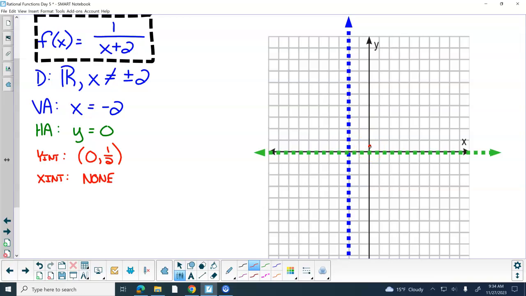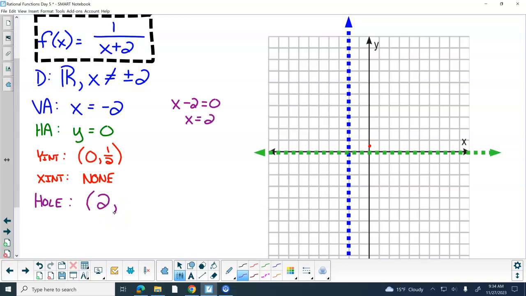Okay. Step 5 now said we've got a hole. So we crossed out x minus 2, so I have to set that equal to 0. That would give me x equals 2. So my hole is going to be at 2, something.